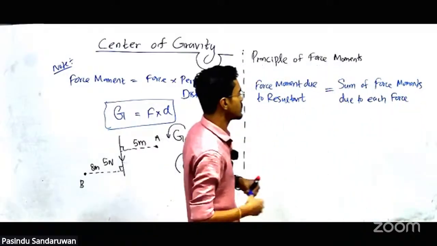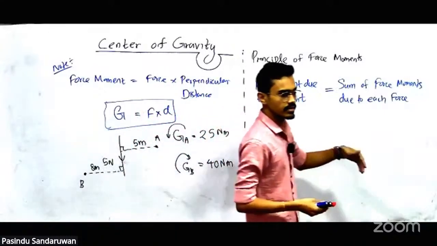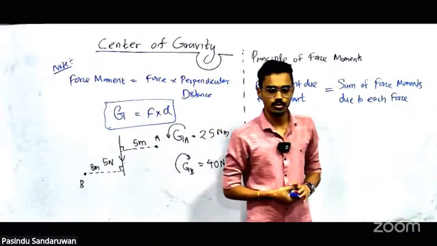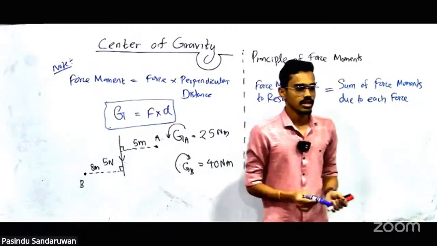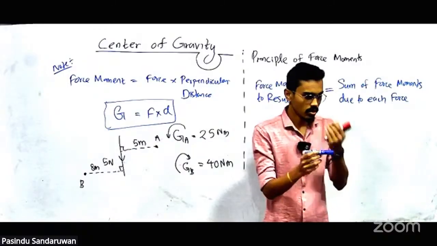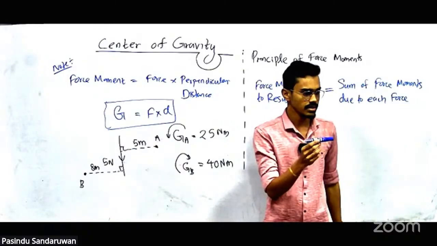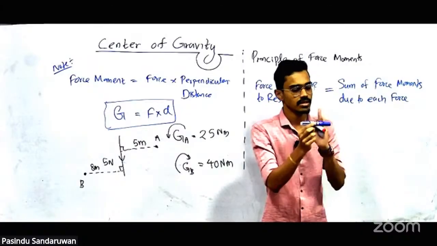I'll show you a practical example here. Force moment due to resultant equals sum of force moment due to each force if there are multiple forces. Even though the resultant is just to replace all the forces acting on this thing, let's say 4 forces are acting here and the resultant is only a single force.